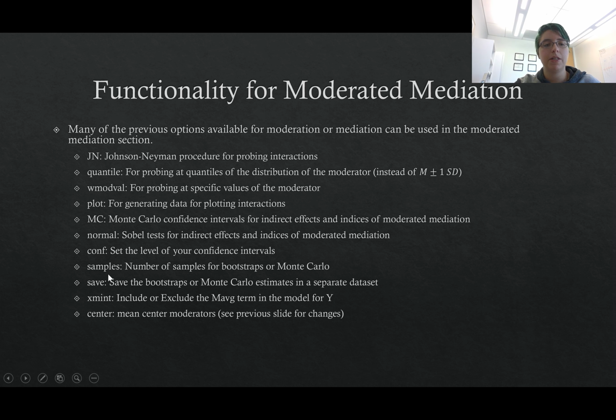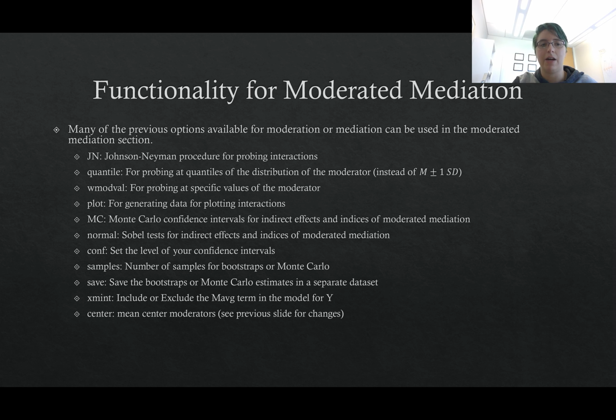The samples option can fill in the number of bootstraps or Monte Carlo estimates. There aren't a lot of recommendations out there for how many samples you should have, but in the thousands is probably a good range. Mostly the limitation is what your computer can do and how long you're willing to wait. So that option you can use to adjust the number of bootstraps.